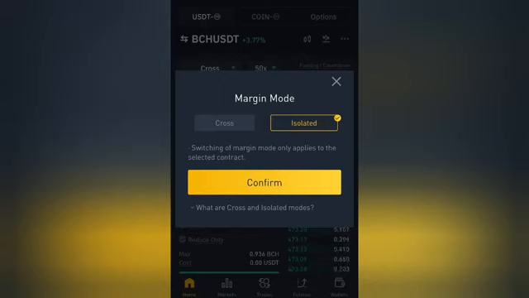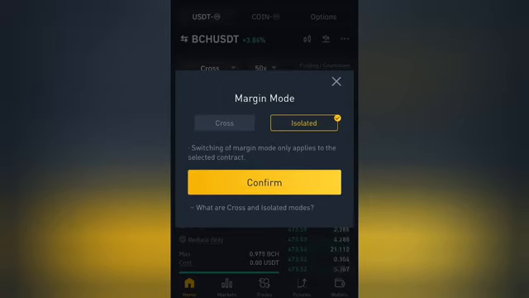For example, let's say it will cost you 1 USDT to make that trade. It will take in just that 1 USDT and use only that 1 USDT to trade. If you get liquidated, it will only take that 1 USDT. It will not take more from your entire holdings in your wallet.